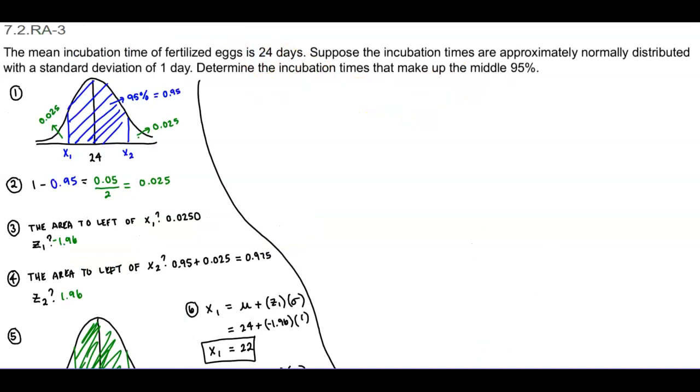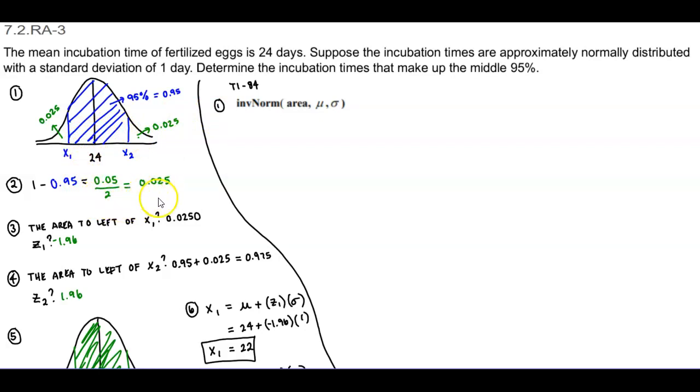Okay, now let's go ahead and use technology. So if we wanted to use the TI-84, then we're going to use INV norm with the area, mu, and then a standard deviation. Okay, so when we get to this part, we need to look at this graph. And so this is where we need to find the areas.